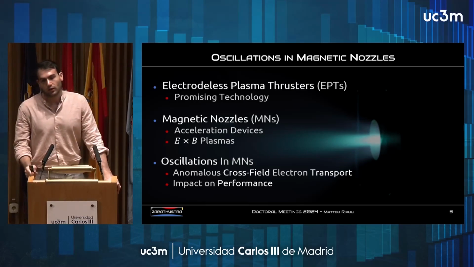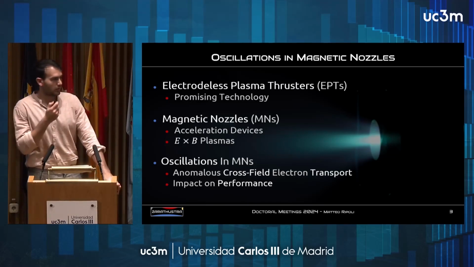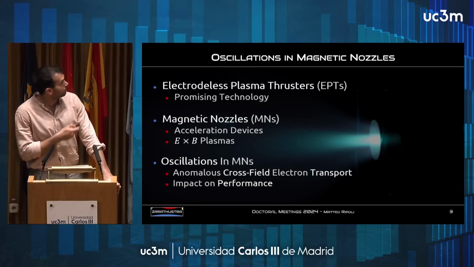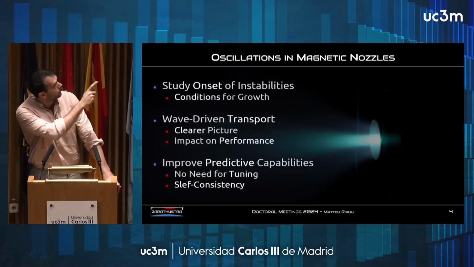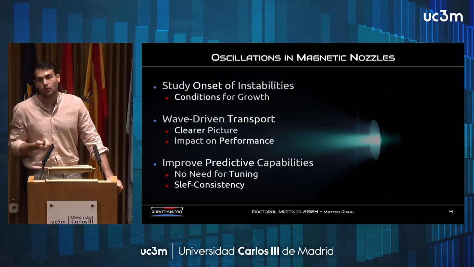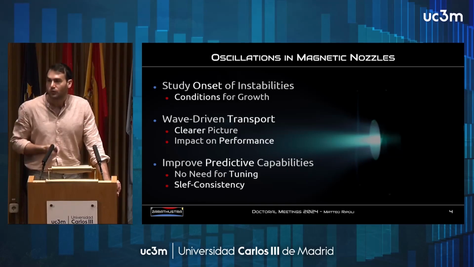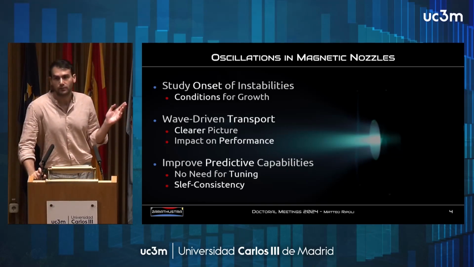And we've also seen anomalous transport, which is cross-field electron transport that is not modeled by classical models. So this has an impact on performance, which is quite important because I've repeated it twice in this slide. This is also why we're studying oscillations, because we want to understand what are the conditions for this unstable growth.